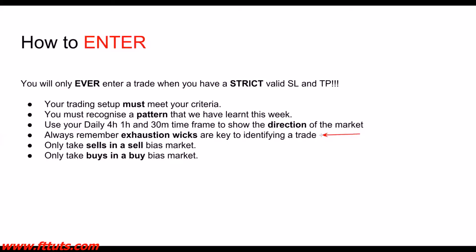Now, all we're going to be looking for is exhaustion wicks, and they are the key to identifying a potential trade opportunity. If price tries to push through a level and goes deep into a level that we know is of support based on our criteria that we've learned this week, which is our patterns of market structure, and then rejects it, can we start to identify this as a strong level of support?